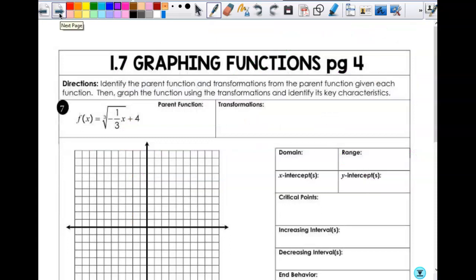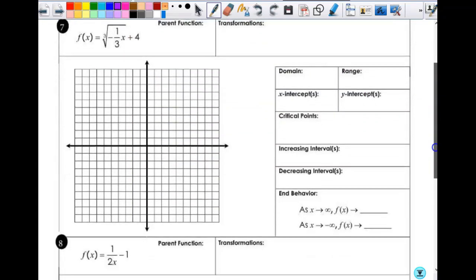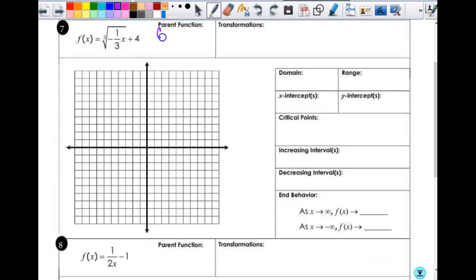So here's another cube root, right? We've got a cube root. So f of x is equal to the cube root of x. How many transformations do I have? 3, right? So I'm going to start with the negative. I know that means I have a reflection.